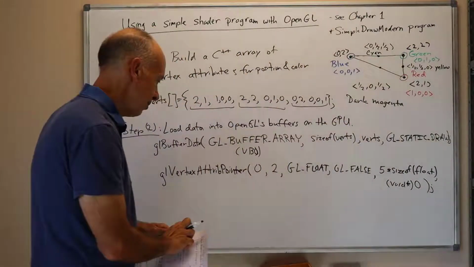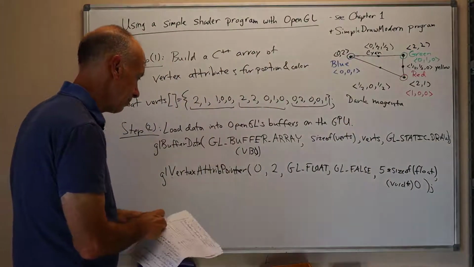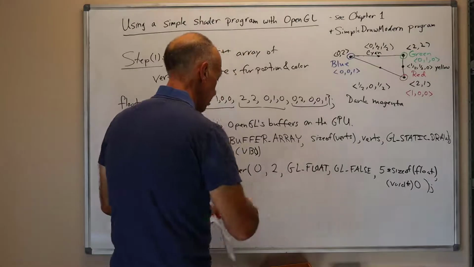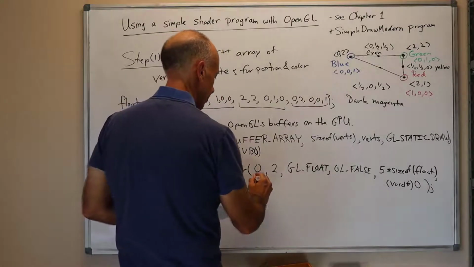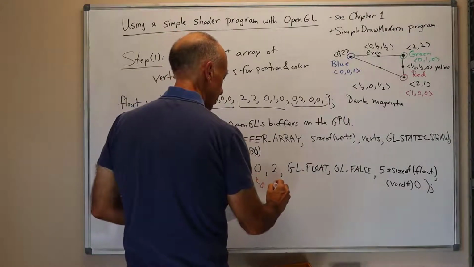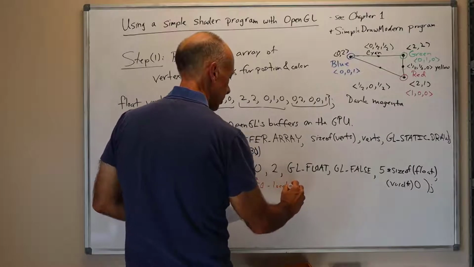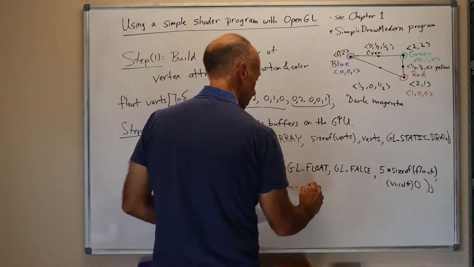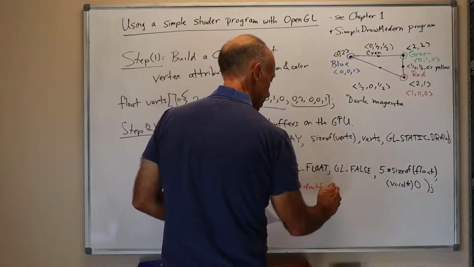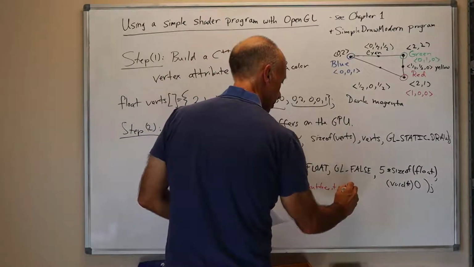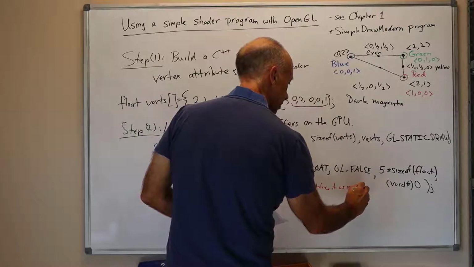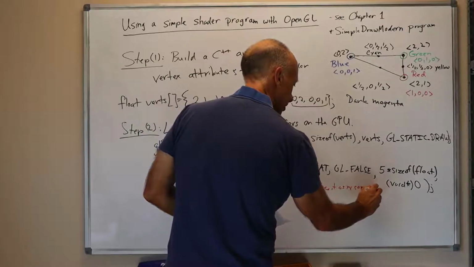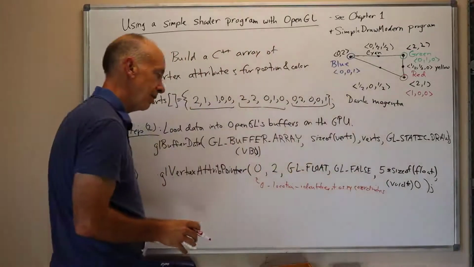So let's run through what all these different things are. So 0 is what's known as the location, and this identifies it as the XY coordinates in this particular case, as we'll see why. But what this really means, we'll see in a little bit, is something inside the shader program.